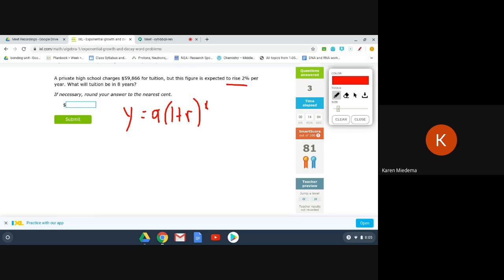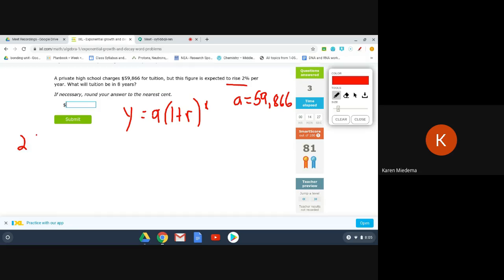Well, the tuition that was charged, that's your starting value. So your starting value here is $59,866. Okay, tuition is rising 2%. But again, you have to write that percentage as a decimal.